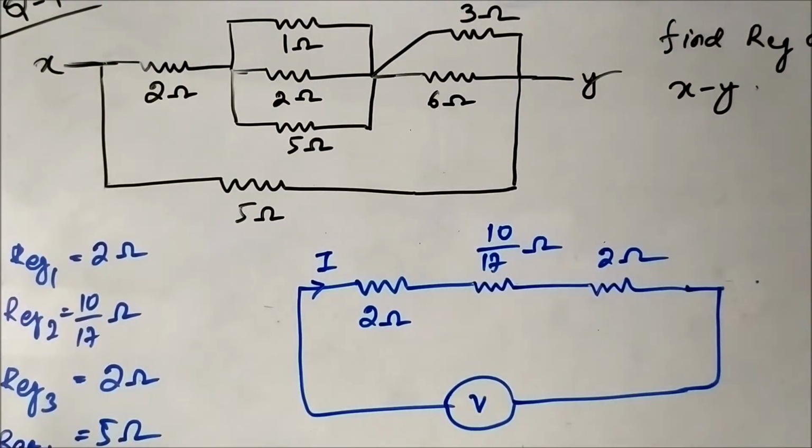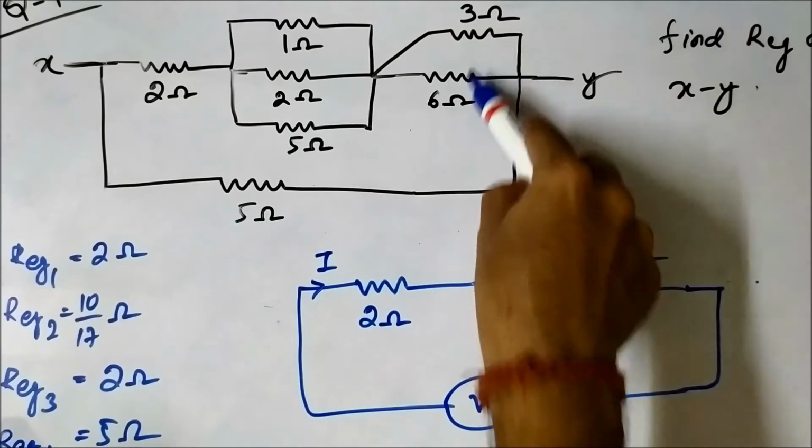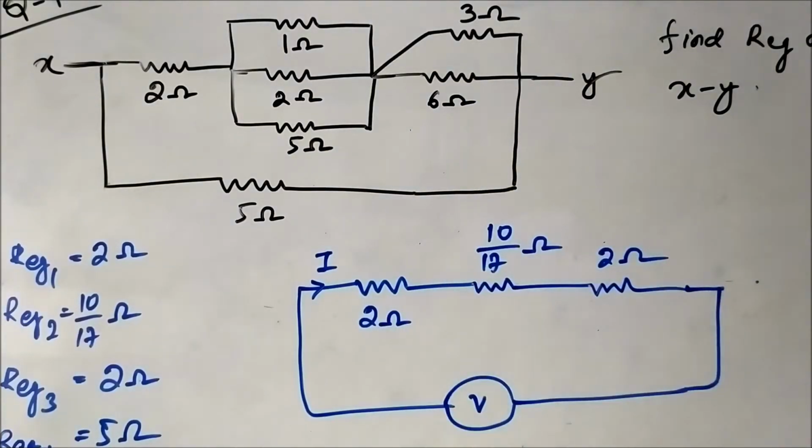It means that they are in series. Okay, this part, the equivalent resistance of these 3 resistors and these 2 resistors, they are in series.